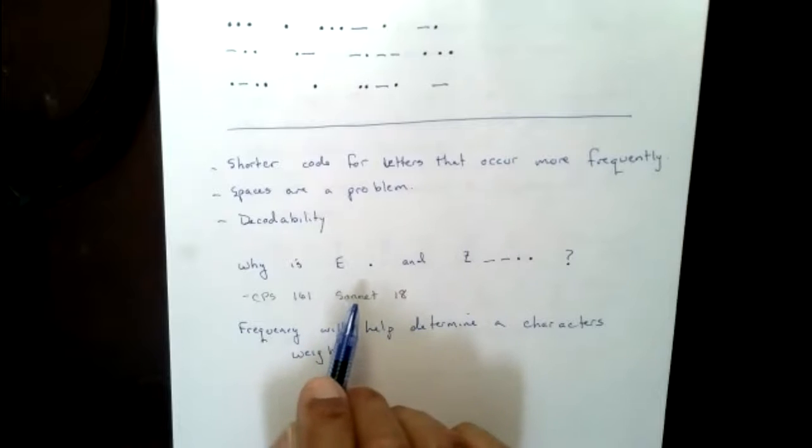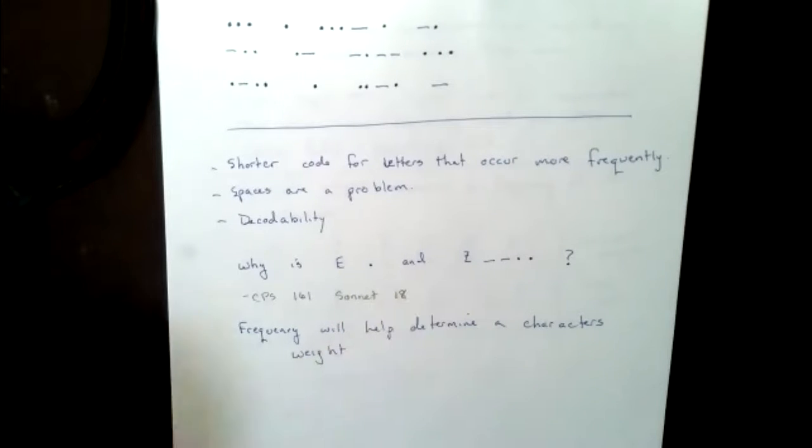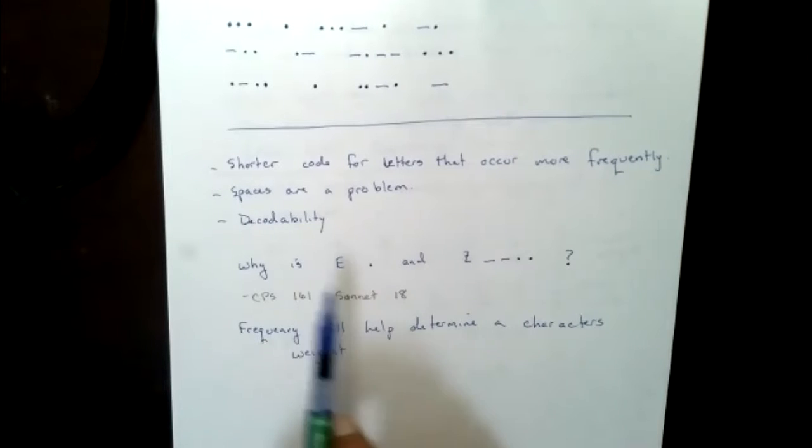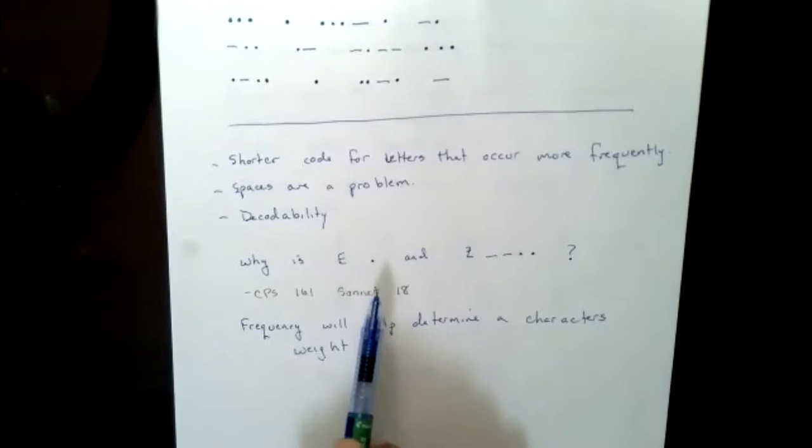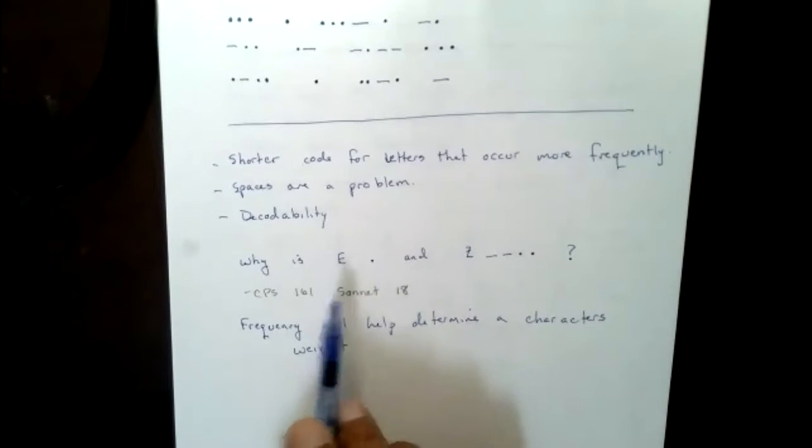And we just looked at why is E less than Z, and we could make up our own. We could go back in 161 where you did sonnet 18 and you got the frequency of all of the letters. You took that sonnet, you opened it up, you counted the A's, you counted the B's, you counted the C's, you counted the D's, and so on and so on.